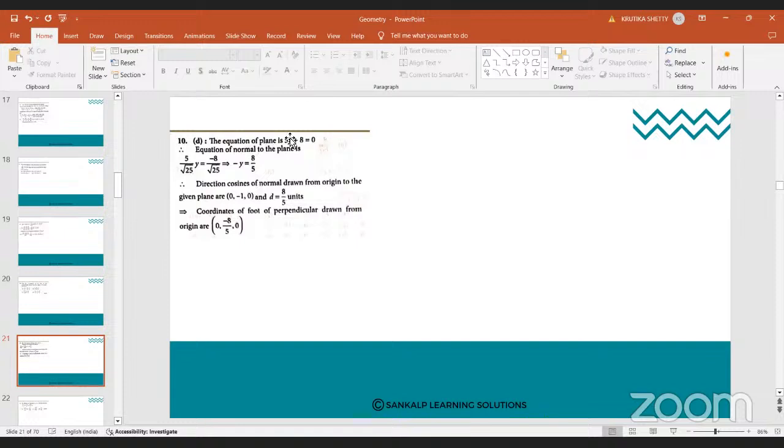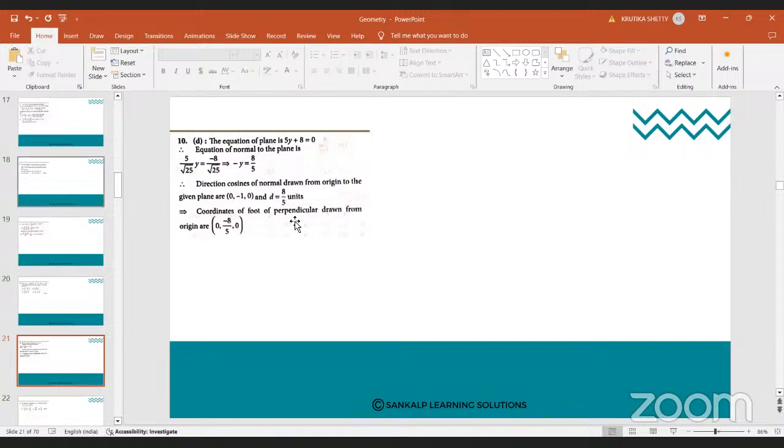Here the x and z coordinates are 0, so there is no need to substitute those values. They calculated the direction cosines of the normal and then multiplied by the distance. So the answer will be D, 0, minus 8 by 5, 0.